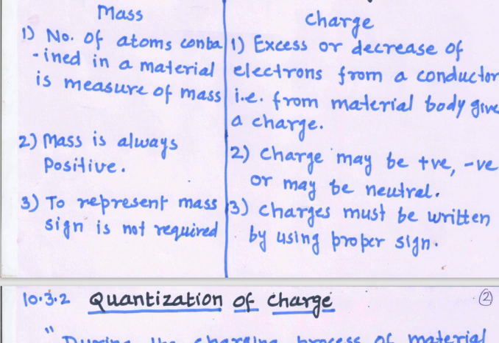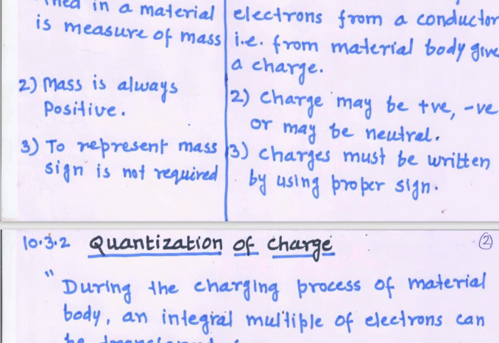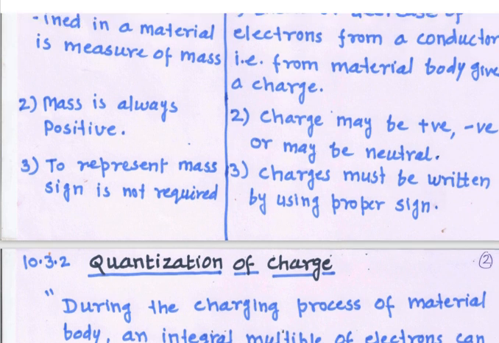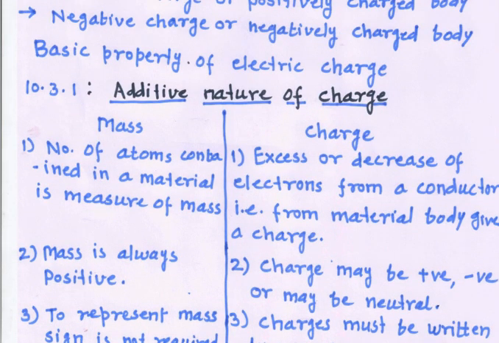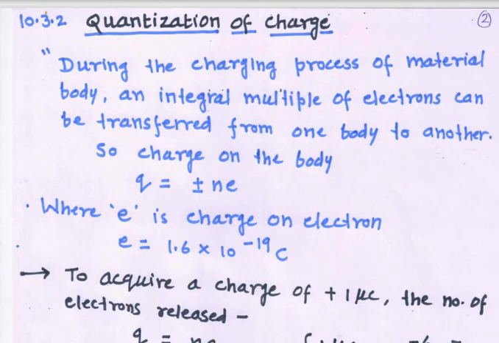Minus 20 microcoulomb means electrons are added to the object. So the charge is always represented with its sign, plus or minus, or it might be neutral. To represent charge, the proper sign must be given, but for mass, a sign is not required. This is how mass and charge are comparable.